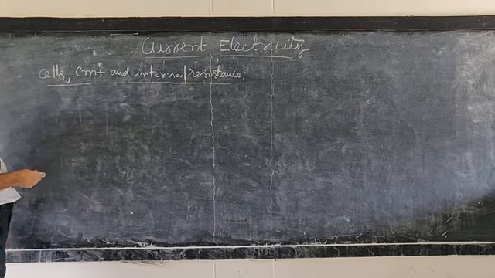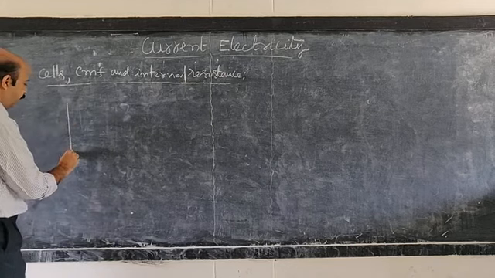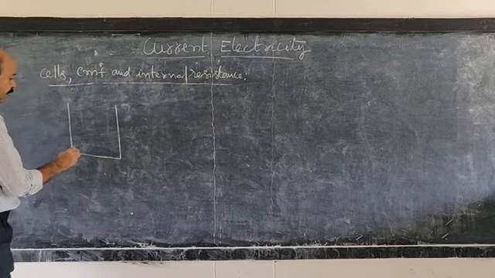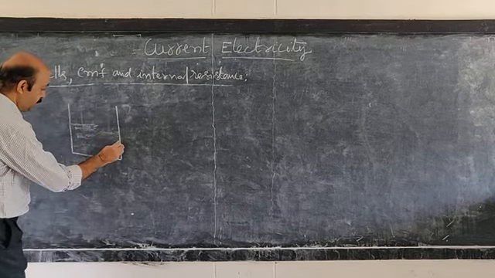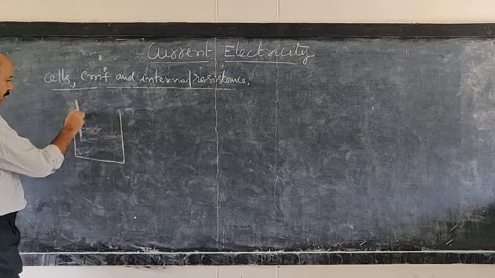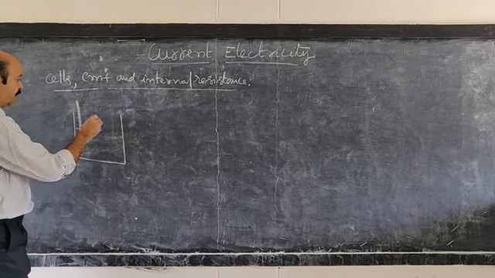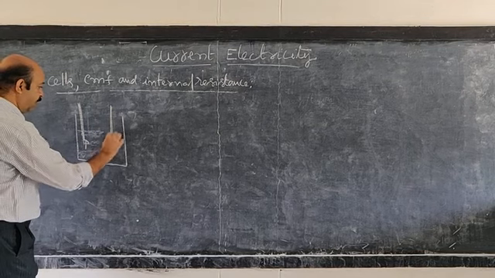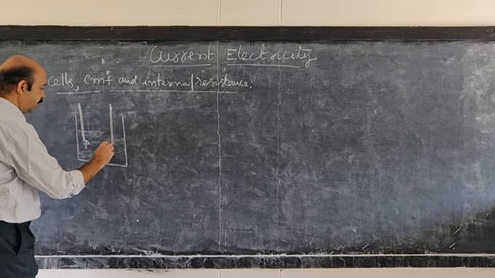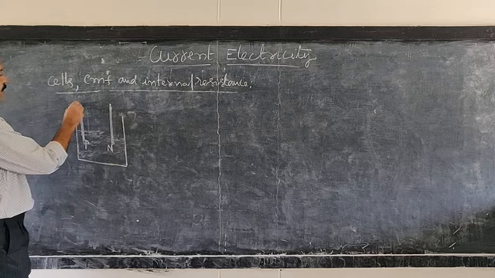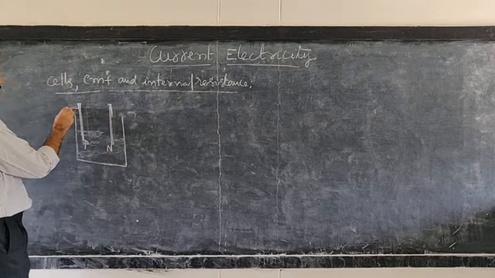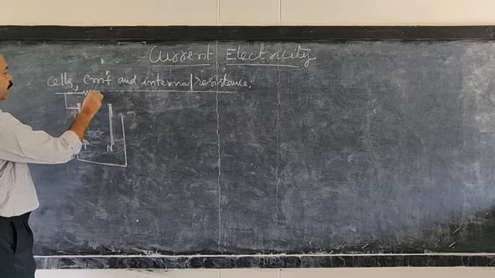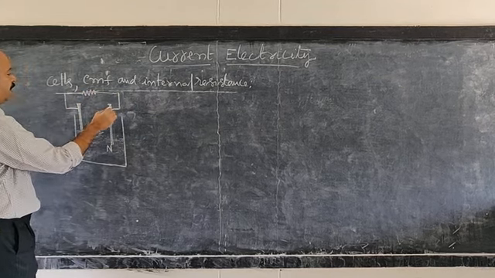Consider a chemical cell. A chemical cell consists of an electrolyte solution, and it has two electrodes. Let us say this is the positive electrode, P, and here is a negative electrode, say N. Now suppose these two electrodes are connected by means of an external resistance R like this.